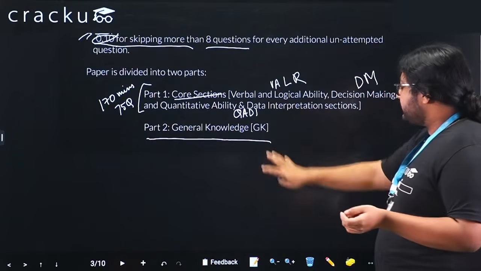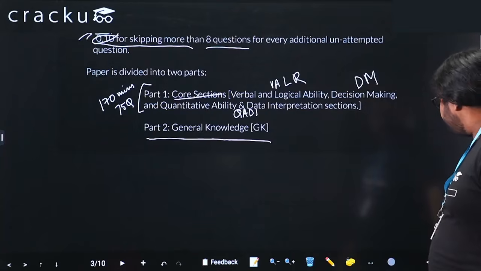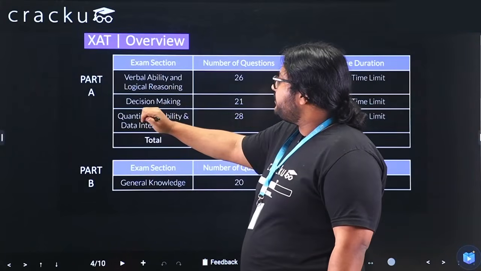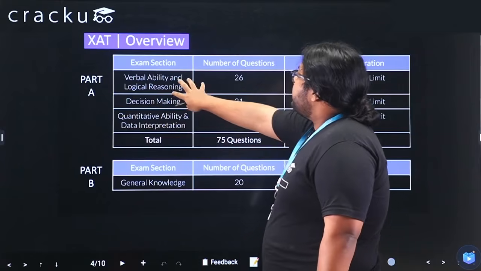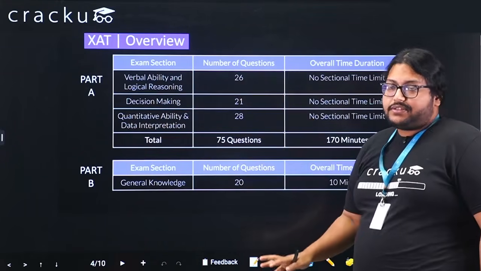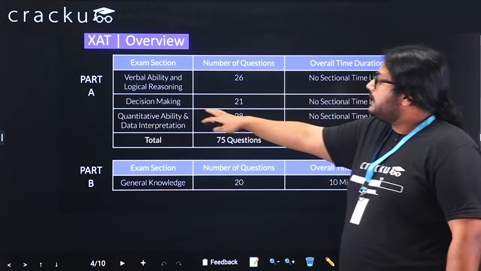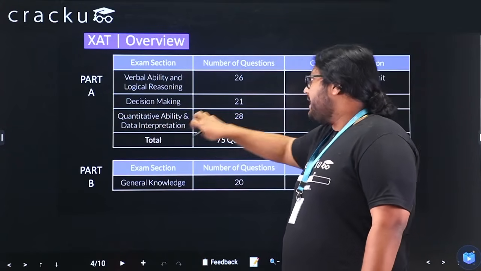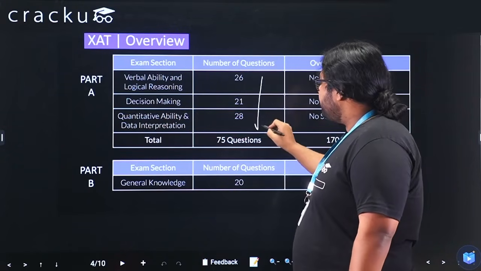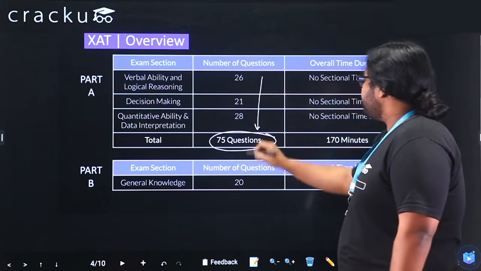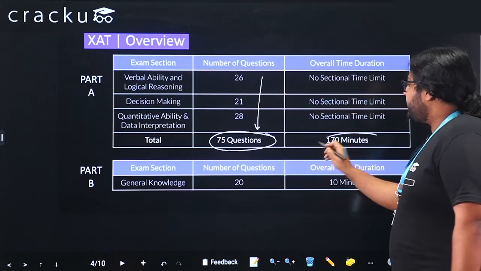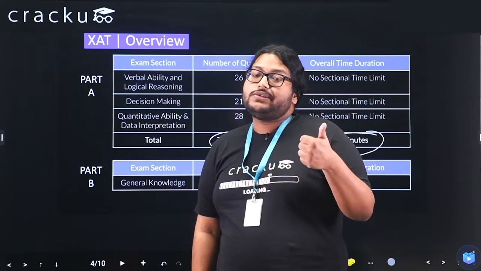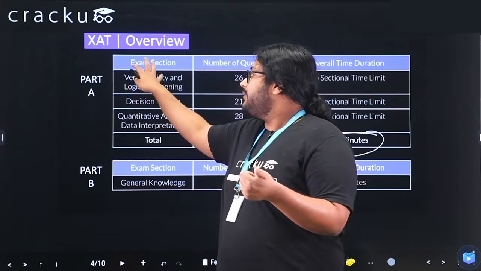Now let's look into the split for the 75 questions. In part A, as we discussed, we have verbal ability and logical reasoning, VALR, which has 26 questions. Decision making has 21 questions. QADI has 28 questions. In total, we get 75 questions, and we need to finish these in 170 minutes. The good thing is there are no sectional time limits in part 1.